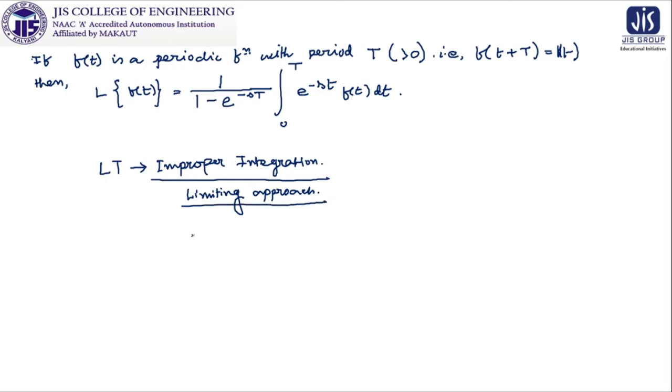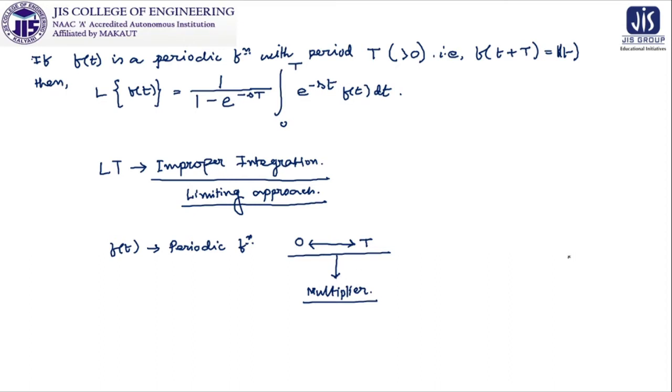But what we see here is that if f(t) is a periodic function, then though according to the definition of the Laplace transform we must integrate from 0 to infinity, please concentrate, the range of integration now becomes 0 to capital T. So this is a definite integration, and its solution method will be easier than the improper integration, along with a multiplier of the form 1 by 1 minus e to the power minus sT. This is the benefit of the Laplace transform of periodic functions.